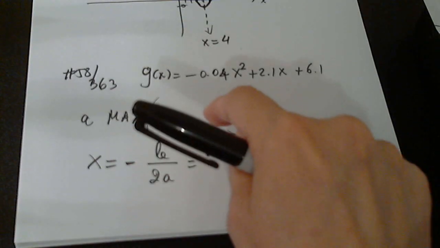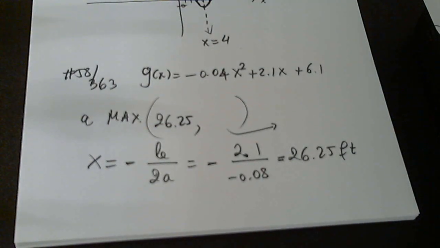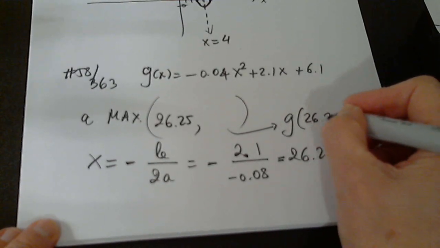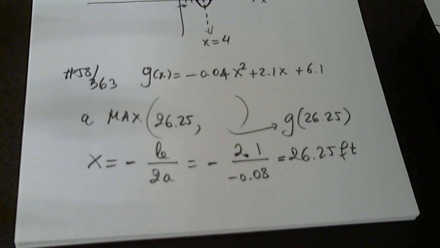How did we determine this before? Do you have to plug in 26.25 into the equation? Yes, absolutely. G of 26.25. Absolutely. Thank you so much. So please do this.